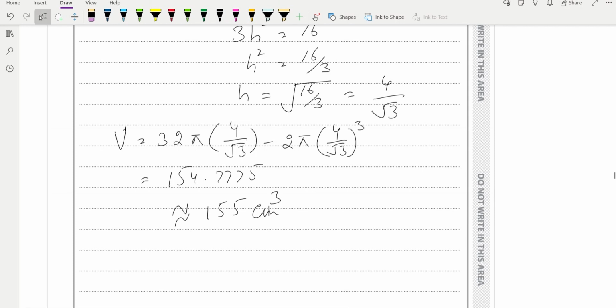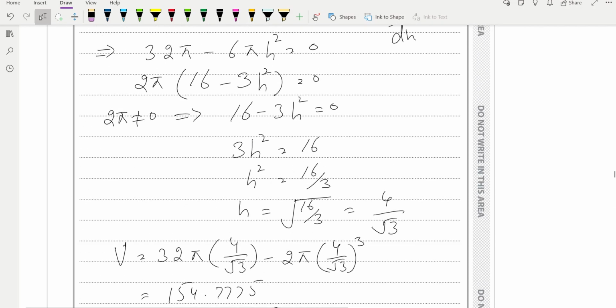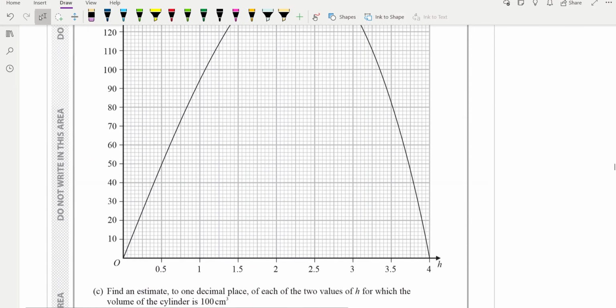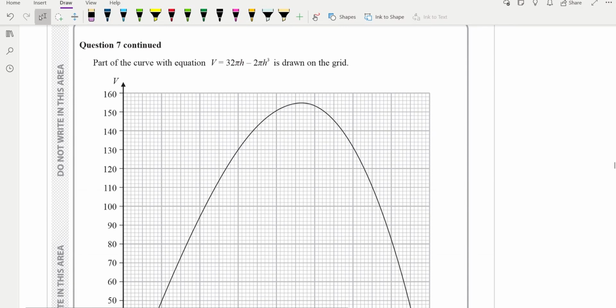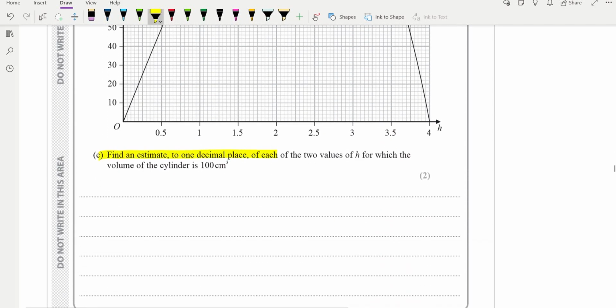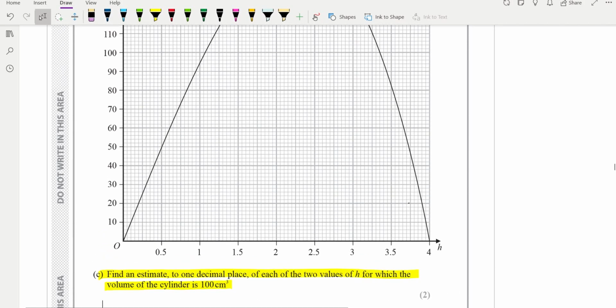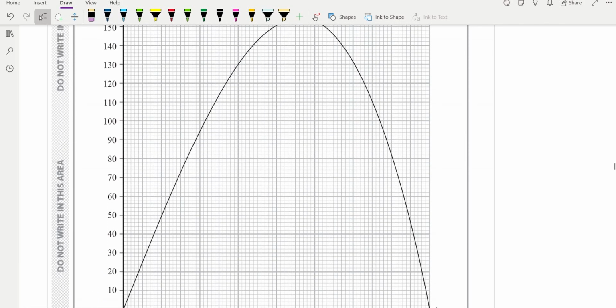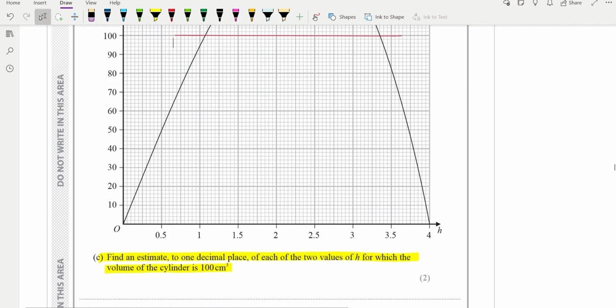Now for the next part, C part is above, so we can move to C part. This graph is provided. They are saying part of the curve with this equation is drawn on the grid, and find an estimate to one decimal place for each of the two values of h for which the volume of the cylinder is 100 centimeter cubed. So 100 centimeter cubed volume will be over here, which we can draw a line over here, and we will check the values from this one.